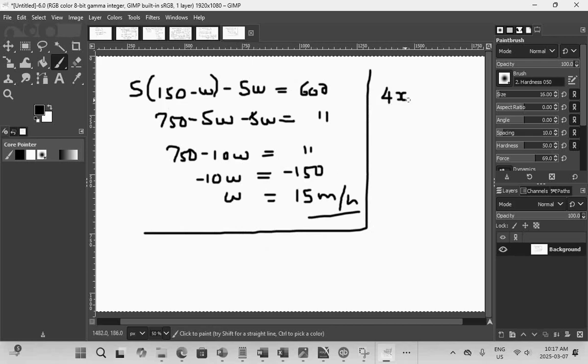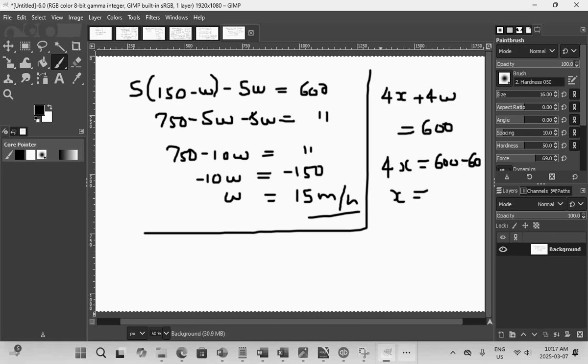So 4X equals 600 minus 4 into 15, which is 60. 15 times 4 is 60, which means X equals 600 take away 60.